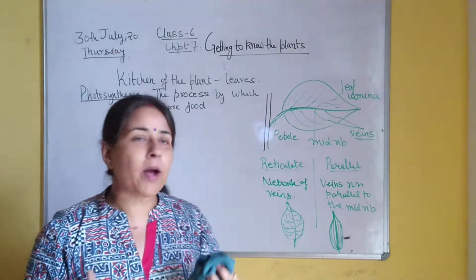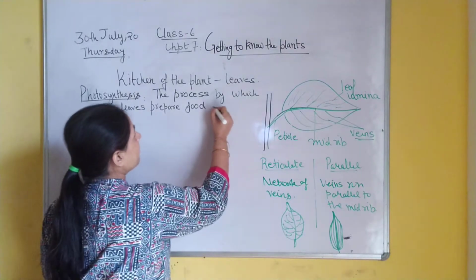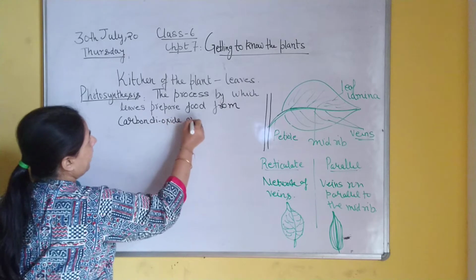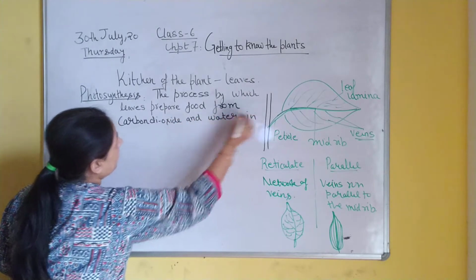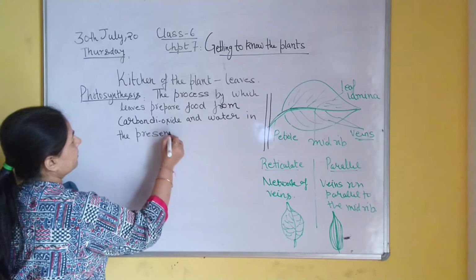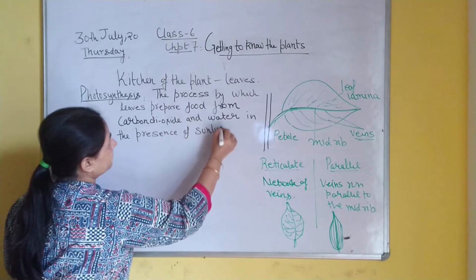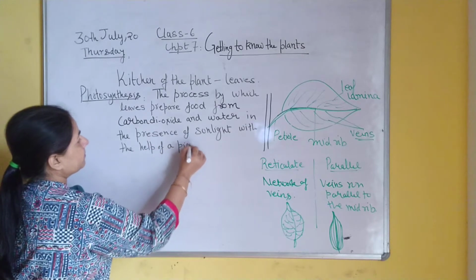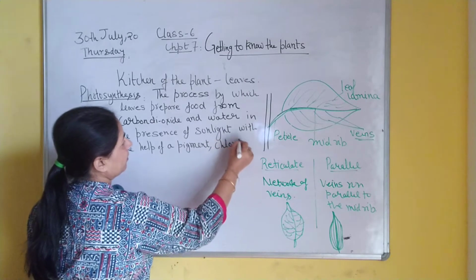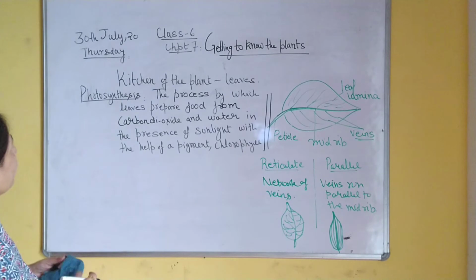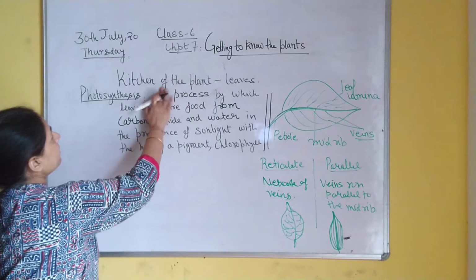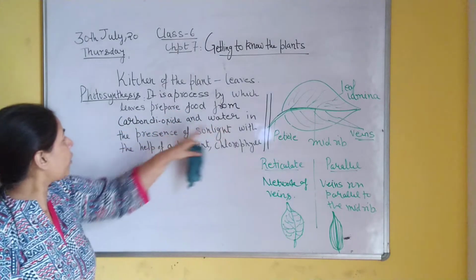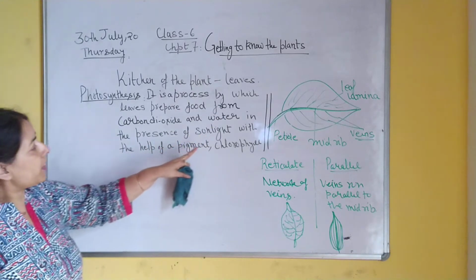From what do they make food, and what is the requirement for food? The process by which leaves prepare food from carbon dioxide and water in the presence of sunlight, with the help of a pigment, chlorophyll. So photosynthesis is a process by which leaves prepare food from carbon dioxide and water in the presence of sunlight with the help of a pigment known as chlorophyll.